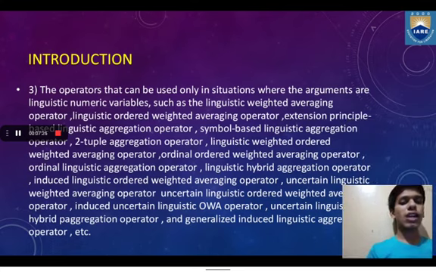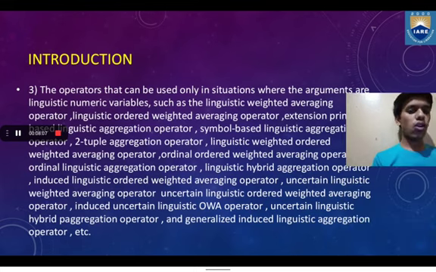The third and the most important are the operators that can be used only in situations where the arguments are linguistic numeric variables, such as the linguistic weighted averaging operator, linguistic ordered weighted averaging operator, extension principle based linguistic aggregation operator, symbol based linguistic aggregation operator, tuple aggregation operator, linguistic weighted ordered weighted averaging operator, ordinal ordered weighted averaging operator, ordinal linguistic aggregation operator, linguistic hybrid aggregation operator, induced linguistic ordered weighted averaging operator, uncertain linguistic weighted averaging operator, uncertain linguistic ordered weighted averaging operator, induced uncertain linguistic operator, uncertain linguistic hybrid aggregation operator, generalized induced linguistic aggregation operator.